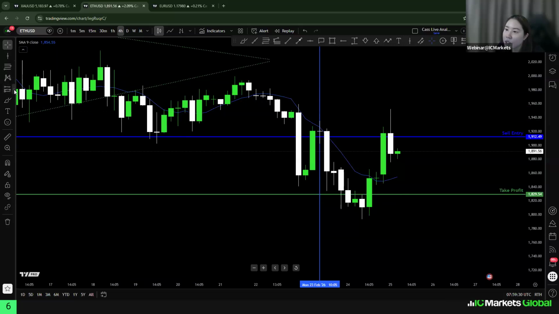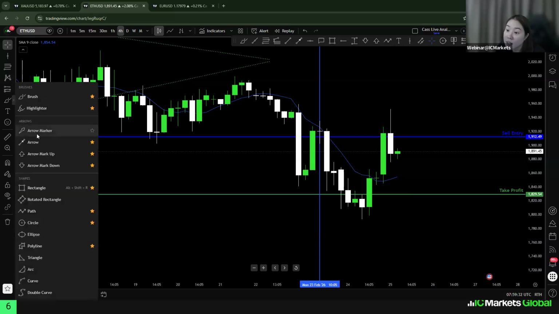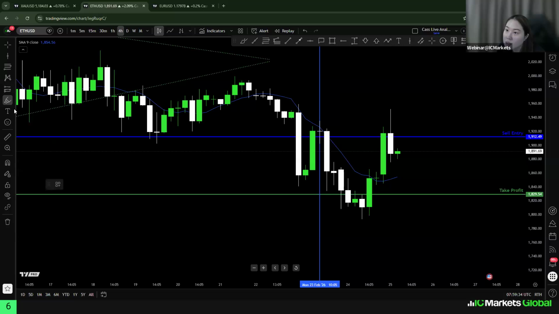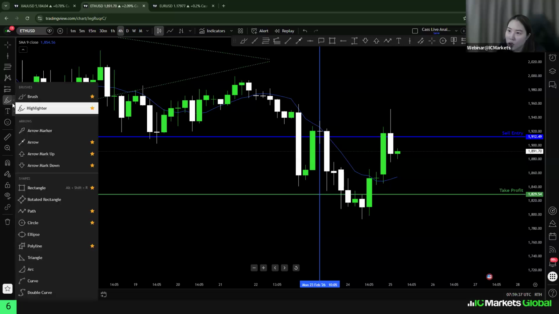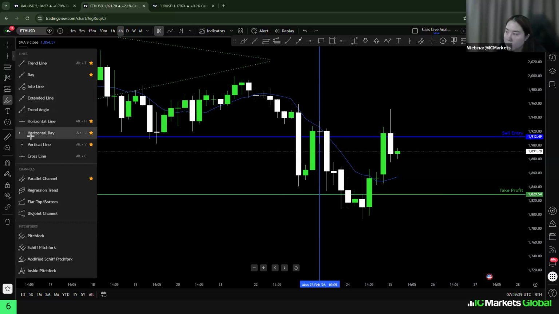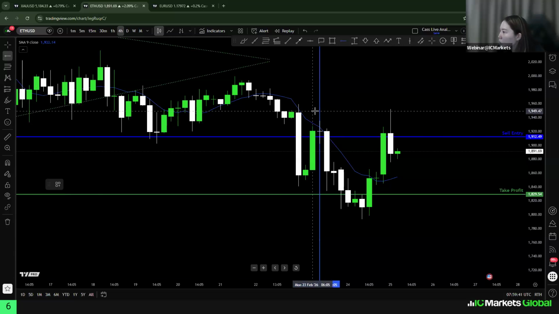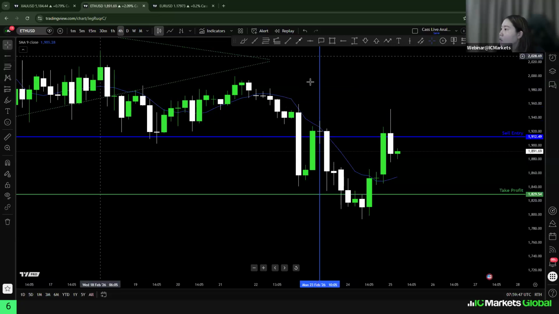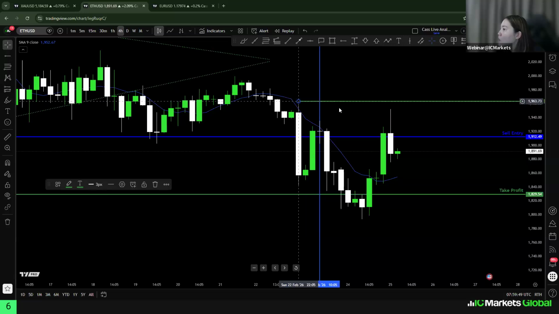If I had gone into this, and I didn't get into this by the way, because I did this analysis and I didn't trade last week. Got in here, my stop loss would have been somewhere above this last high.